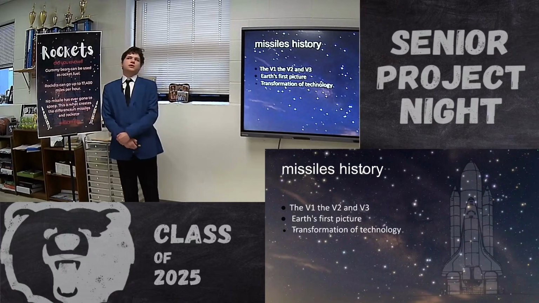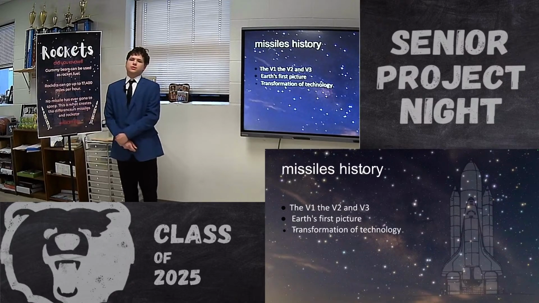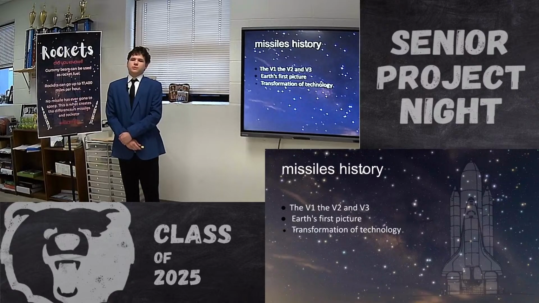And of course, in 1946, the V2 rocket was the first rocket to go into space and take the very first picture of Earth, as well as the transformation in technology. From World War II to the Cold War, there was a massive transformation of technology from missiles to rockets in order to help propel the space race in order to land on the moon.